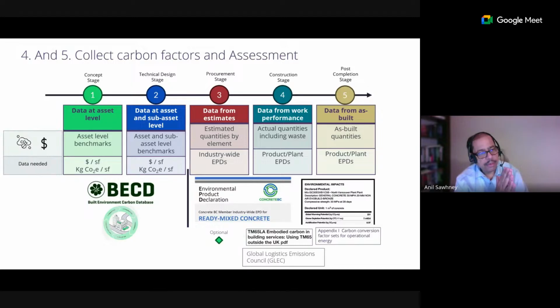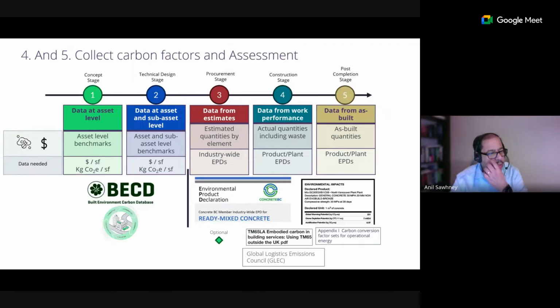But remember, we said we're going to do concept stage assessment, technical design stage assessment, construction stage assessment, and then a post-completion stage assessment. Obviously, at the concept stage, you are not going to have details about which mix of concrete, how much steel is being used. You will have very high-level information at that stage.